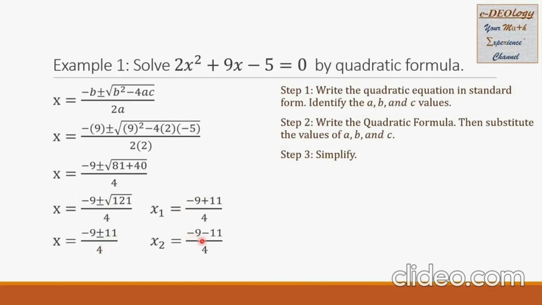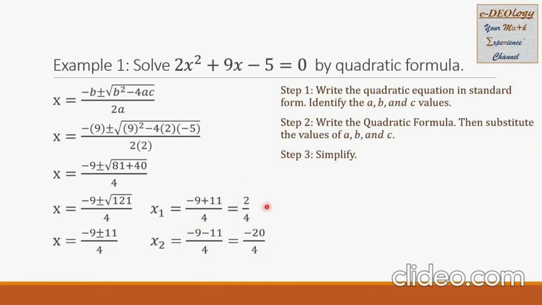So negative 9 minus 11 all over 4. Then let us simplify both. Negative 9 plus 11 equals positive 2 over 4. The negative 9 minus 11 equals negative 20 over 4.